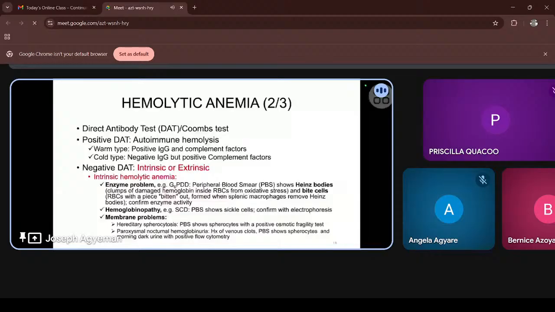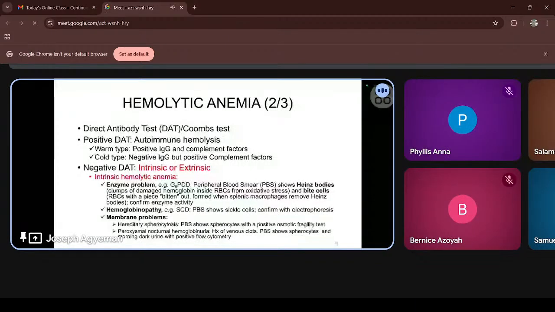You realize that in most cases it occurs at normal body temperatures or higher body temperatures. If it is the cold type, you realize that normally it happens when the patient's body temperature is low, and the Coombs test will only show positive for complement factors. It's not immunoglobulin G. If this happens, you term it the cold type autoimmune hemolytic anemia.